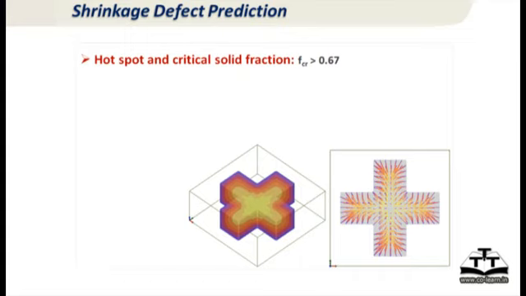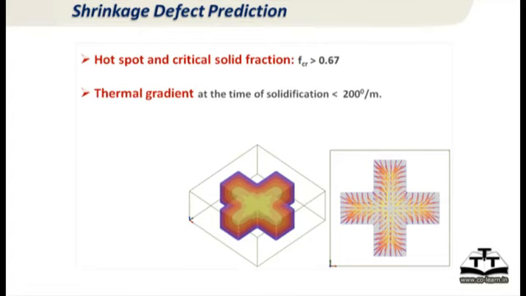The other way these programs work is by looking at the critical solid fraction, at what place the proportion of solid to liquid in the metal is now exceeding, let us say, 2/3, or 0.6. There you say you start getting a defect. That is one way of looking at it. The other is, if the temperature gradient is below 200 degrees per meter, you start getting a problem, central line shrinkage.